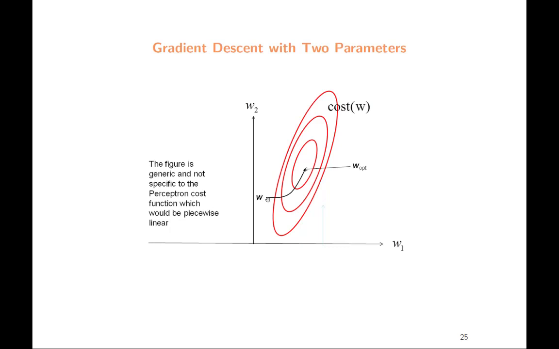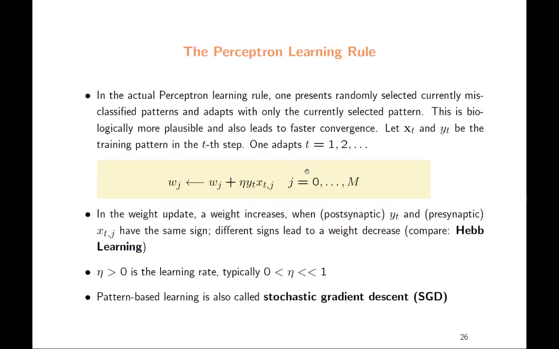So W goes locally in the direction where the cost function becomes smaller, and when we are lucky, it will end up here in the optimum. This would be the minimum of this reddish cost function. So we start here and we find the optimum of the cost function. That's how our learning procedure works.